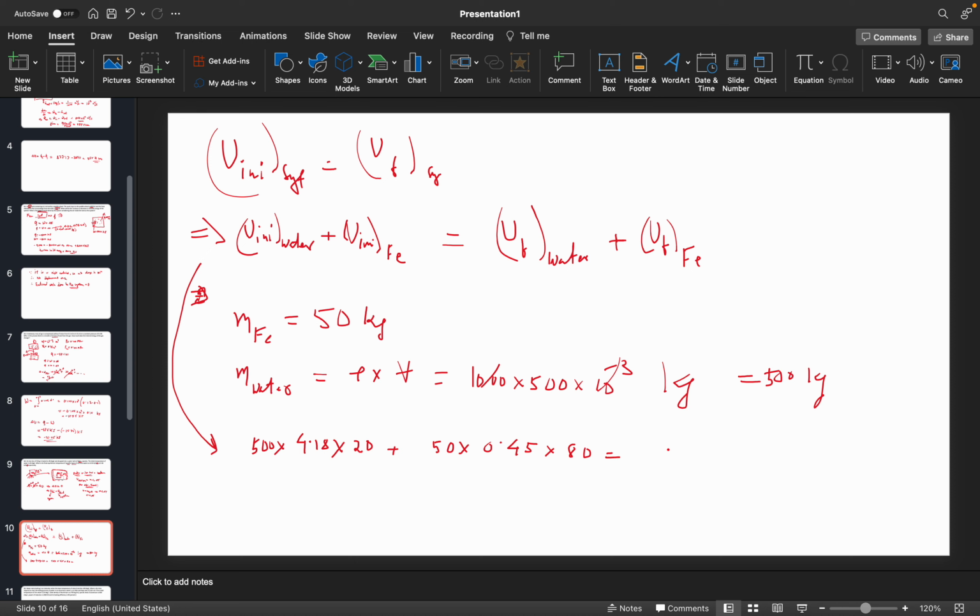Then next, I can write 500 into 4.18 into T equilibrium, plus 50 into 0.45 into T, because both of them will attain a final equilibrium temperature T.